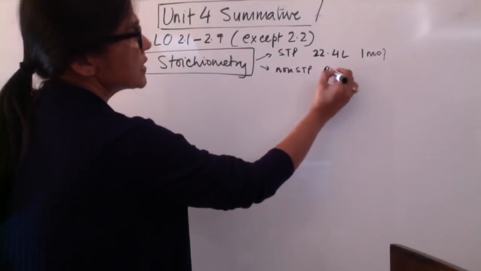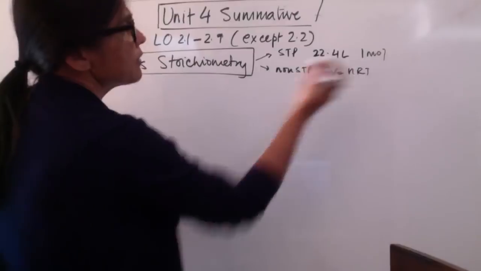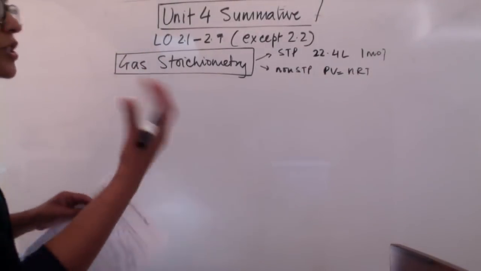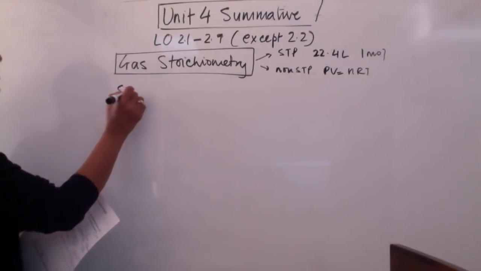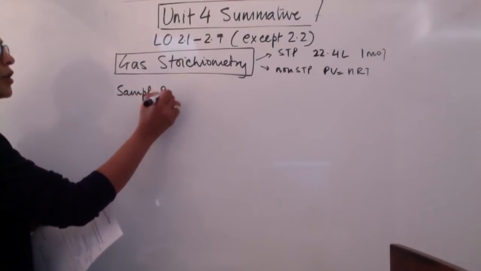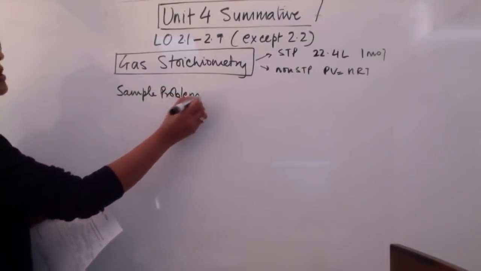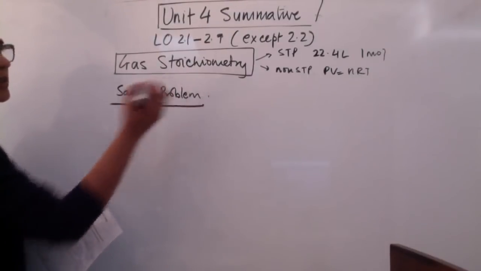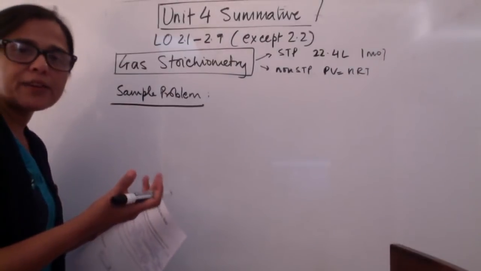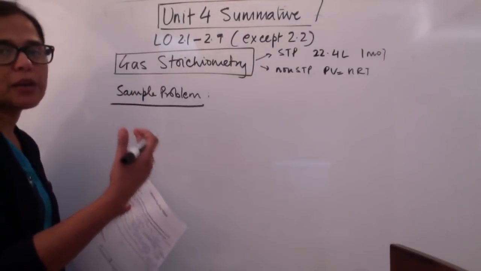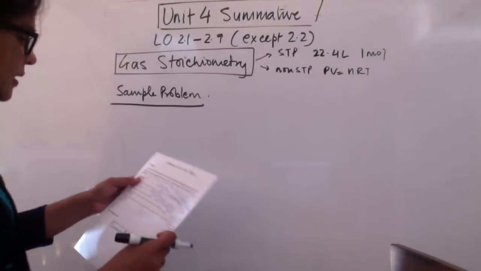But if it is non-STP, then we use the ideal gas equation, PV equals nRT. So we need to determine that early on as we are reading. So here is a sample problem for you, which includes collection of gas over water and gas stoichiometry. This is the most challenging kind of AP problem, so I'm doing one of those, and my hope is you can then do the simpler ones.